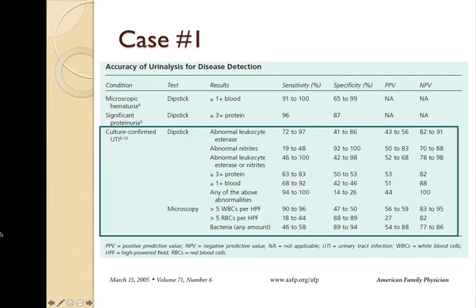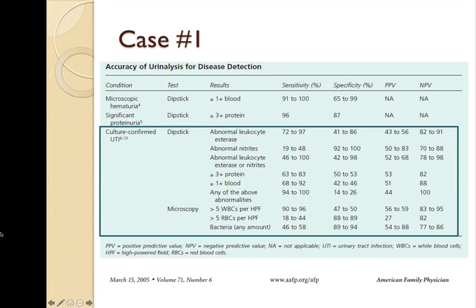And to look specifically at the sensitivity and specificity numbers for both nitrites and leukocyte esterase, this is the table. They looked specifically at the culture-confirmed UTIs. And what they found out is that the leukocyte esterase had a sensitivity of 72 up to 97%.